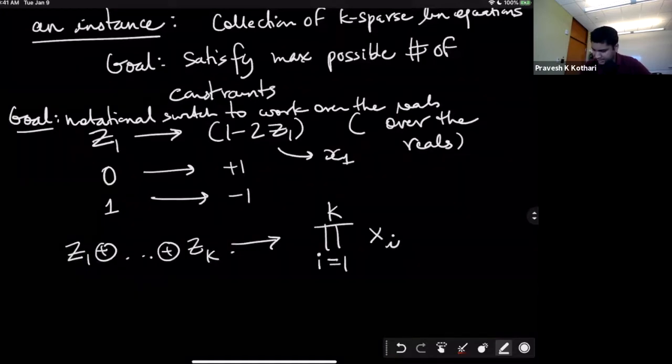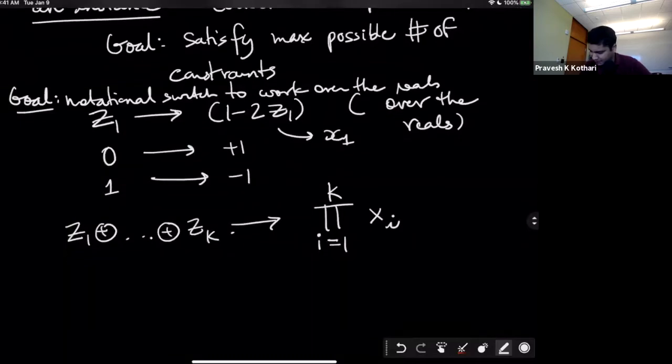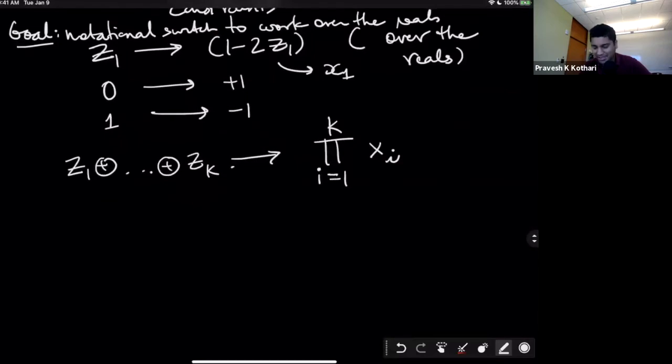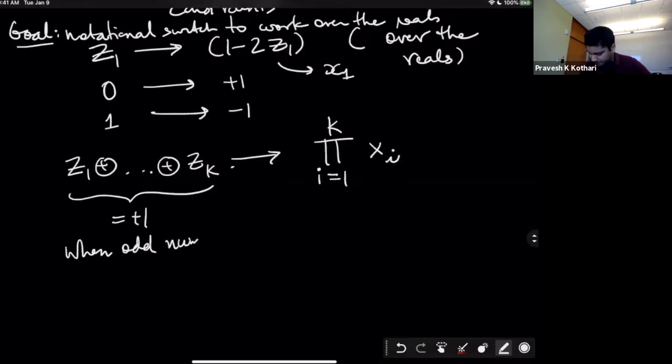Again, I'm doing really simple stuff, but I want to make sure that I don't lose you here. So notice, when does this side take the value 1? When an odd number of zi's take the value 1.